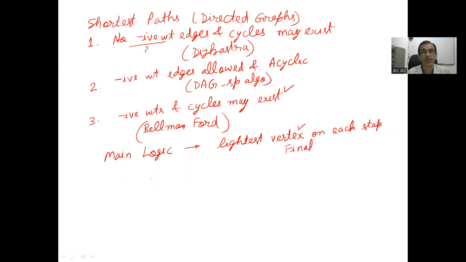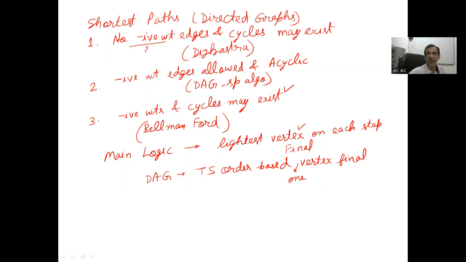In the case of a DAG, the topological sort order helped us, and an order-based vertex was finalized immediately on each step, one vertex every time. Once no incoming edge to that vertex was remaining from uncovered vertices, we could say this vertex is final and whatever possible relaxations were there have been considered.